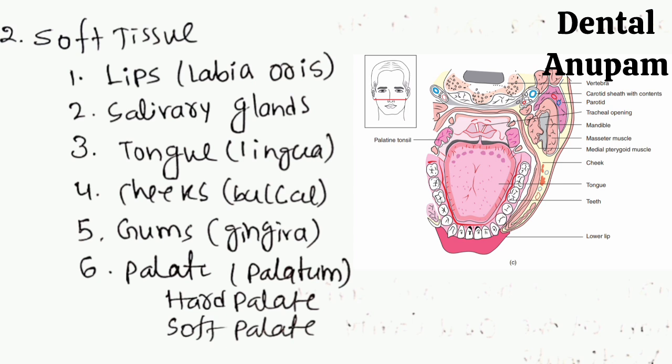The sides of the soft palate blend with the pharyngeal wall. Along the posterior free end is a small midline conical process called the uvula.